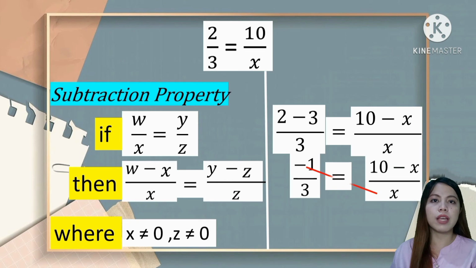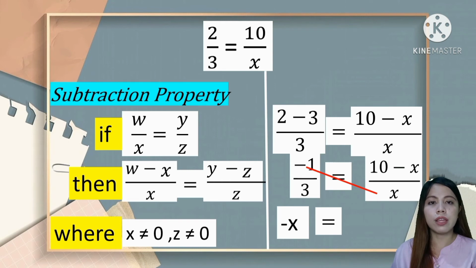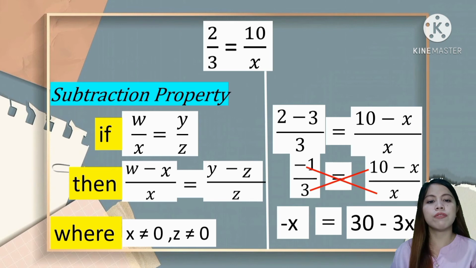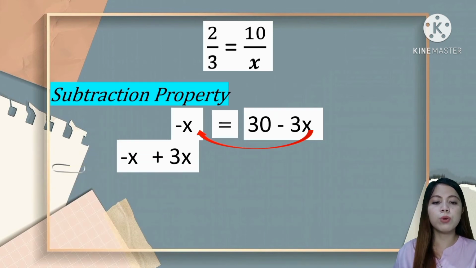Negative 1 times X is negative X equals 3 times 10 is 30 and 3 times negative X is negative 3X. We have here negative X is equal to 30 minus 3X.